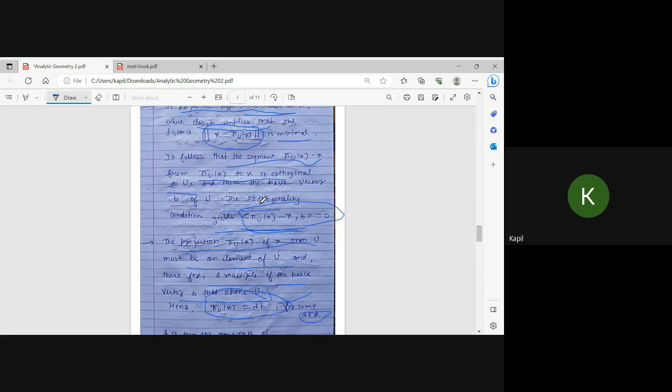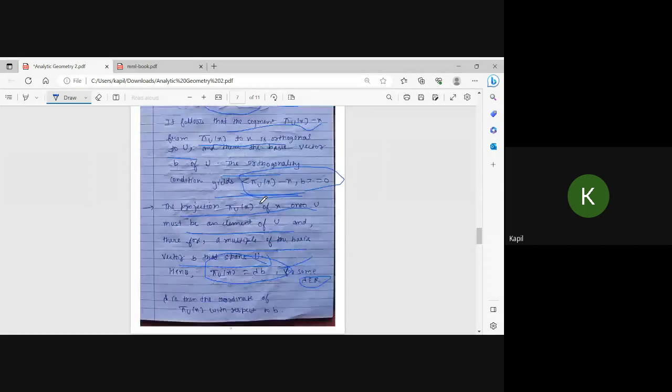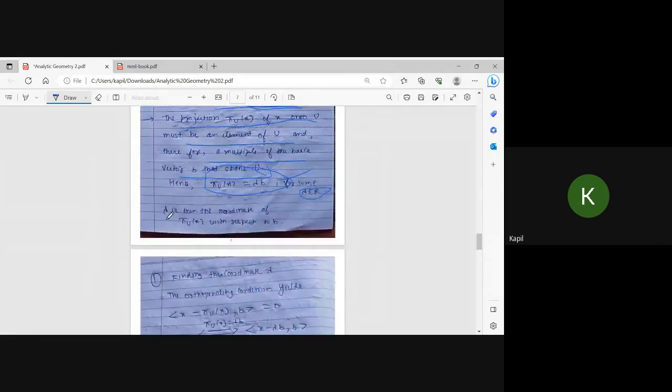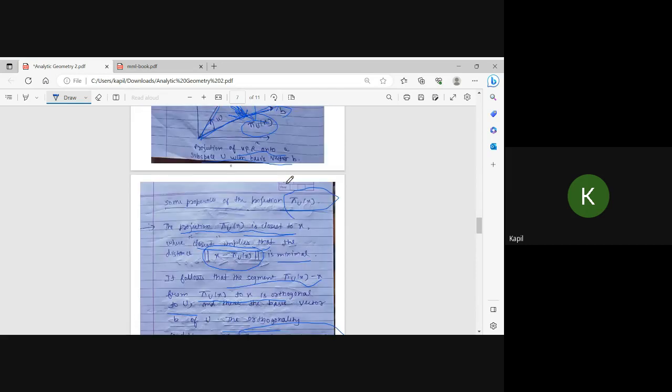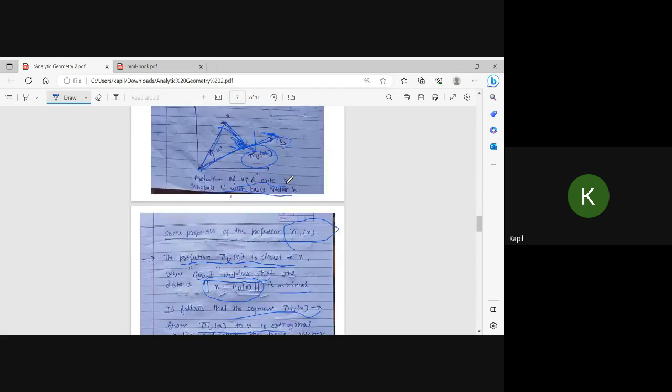This is the second property of projections.